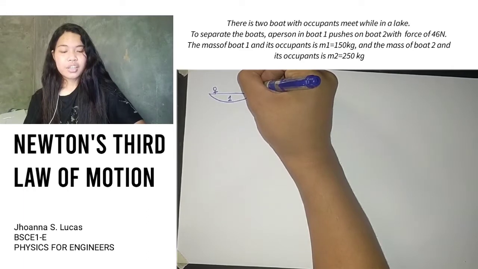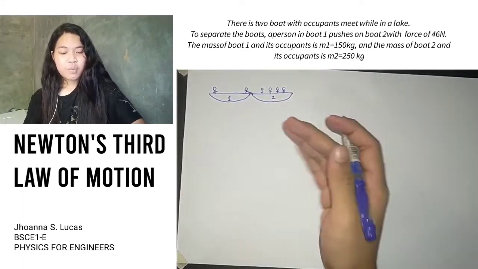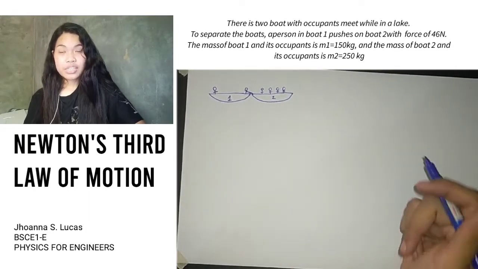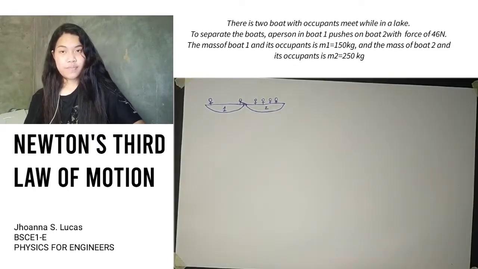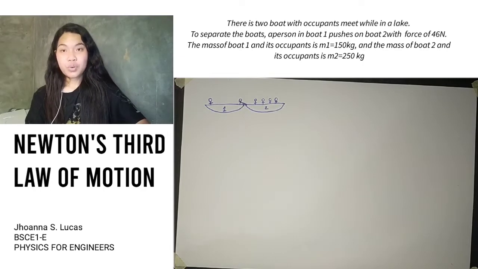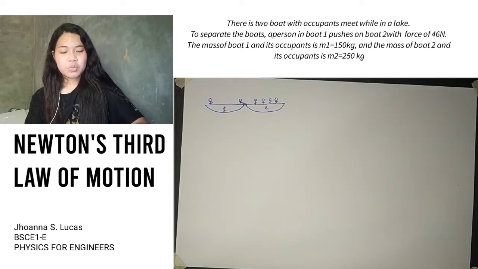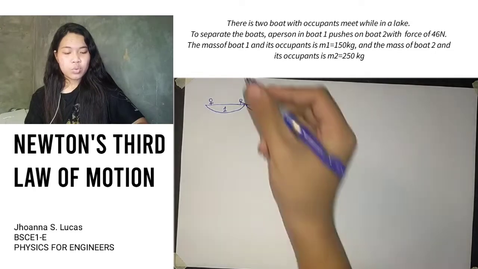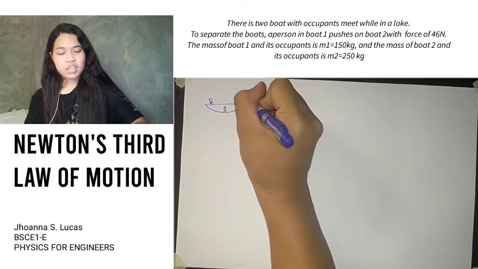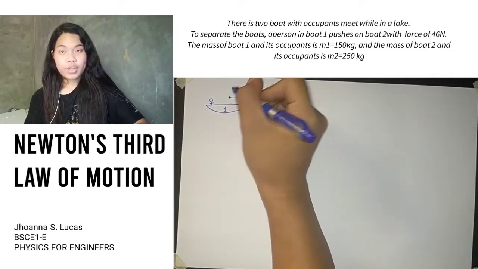It says there that the man from boat 1 pushes boat 2 for the boats to separate. After we illustrate it, we can now use a free body diagram. So this will be the force that boat 2 has, and this is the direction of boat 1.